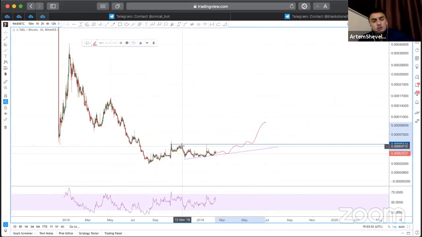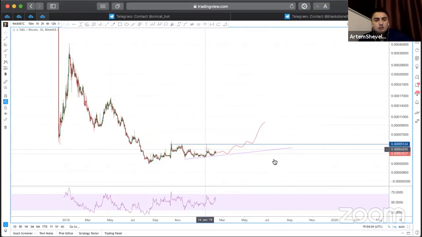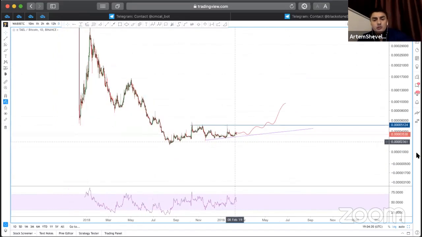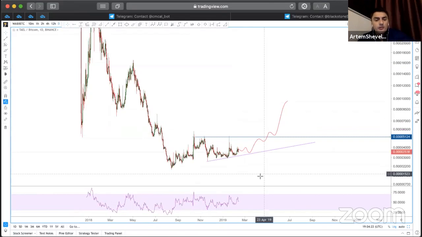But before you start trading WABI, before you start trading this ascending triangle, you need to know that all types of triangles need a lot of time. So just wait patiently before it develops, and wait for the breakout. It will be safer for you to trade ascending triangles and other types of triangles when you know they are already developed and showing some breakouts.